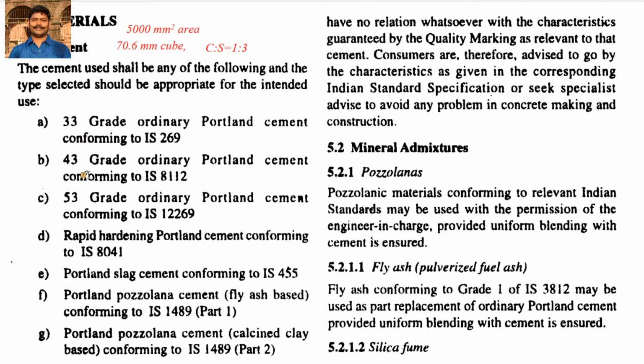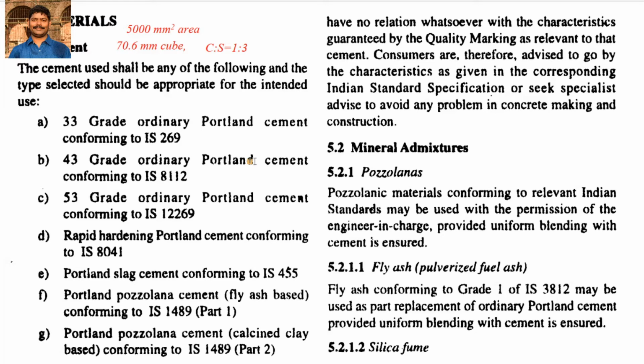We add sand with the cement, so that the ratio of cement and sand is 1:3. If you add 200 gram of cement, then you have to add 600 gram of sand and mix it well, and then add water as per the consistency.